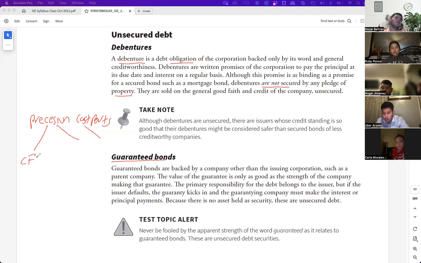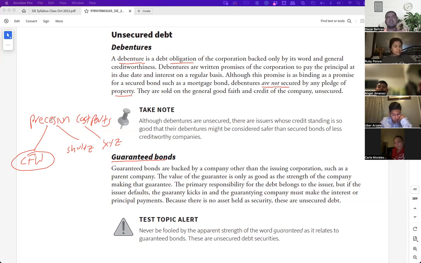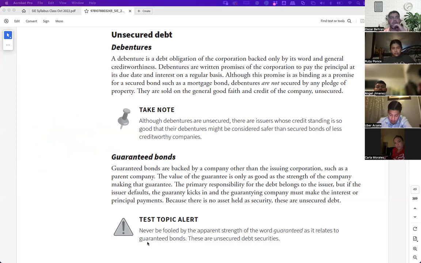One is called CFW, Shell Steel, etc. So let's say CFW takes a loan. They have no real estate, none of that to back up their loan, so they're going to use the good credit reputation of Precision Castparts to secure that loan. If they fail to pay, then they go after Precision Castparts to pay off that loan. Does that make sense? Okay.